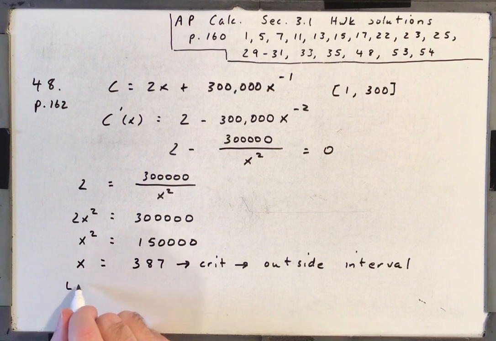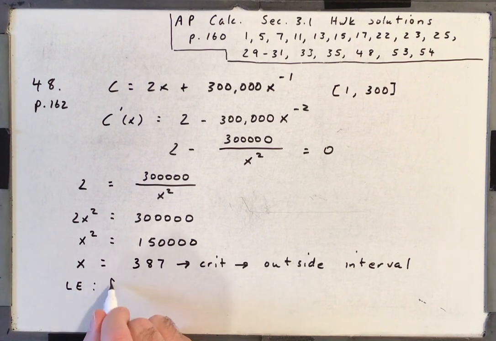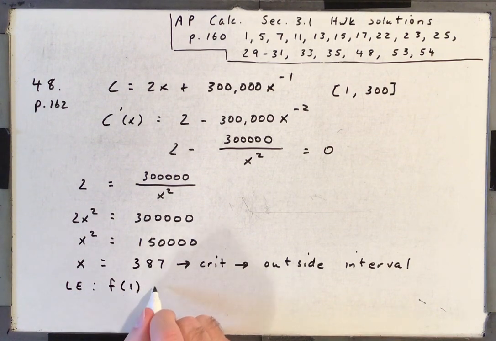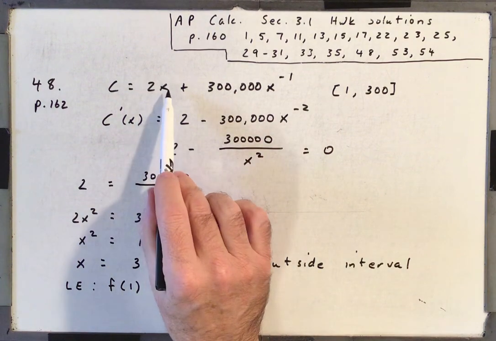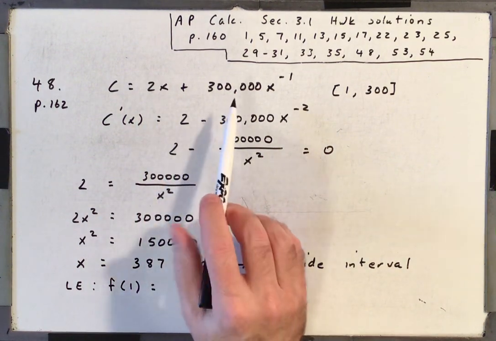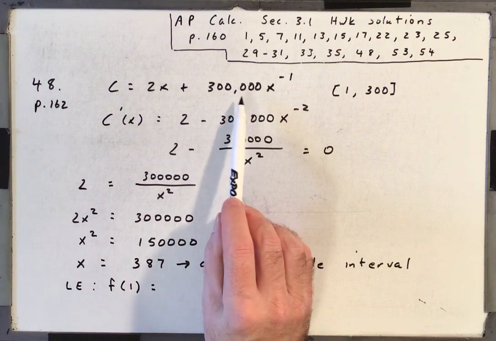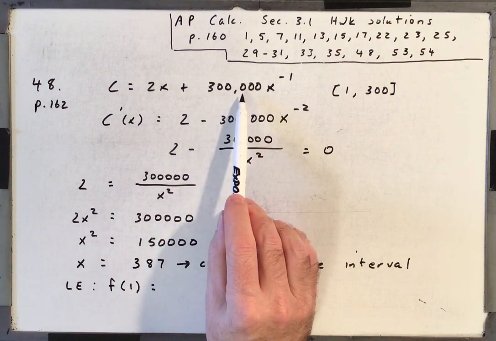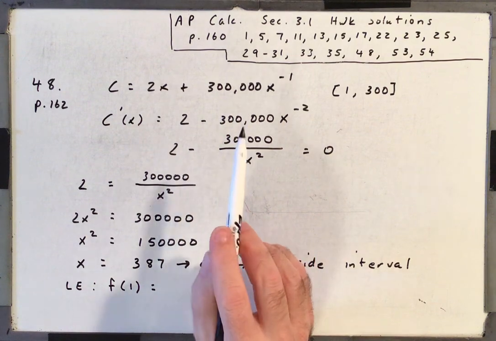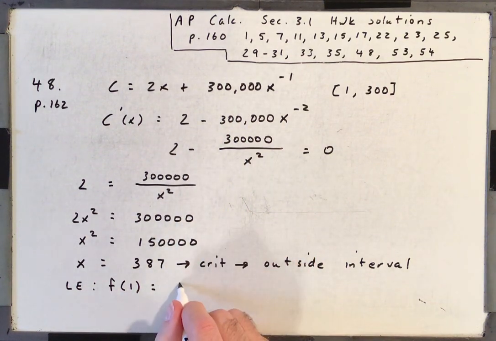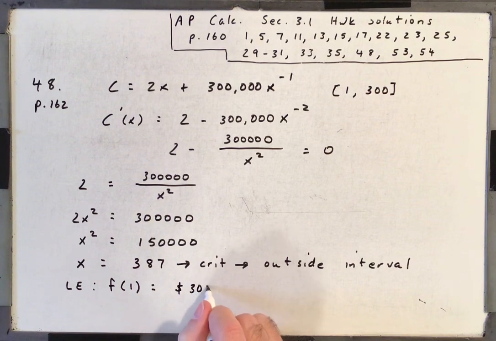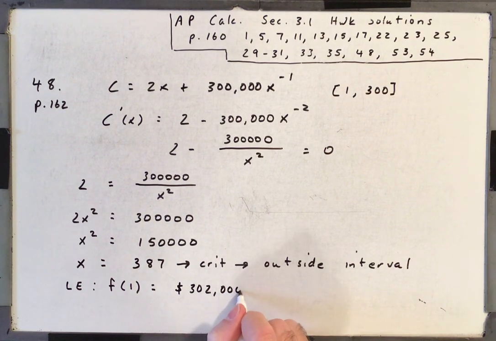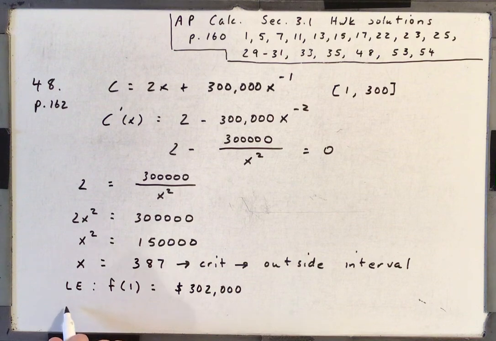So let's look at the left endpoint. That is C of 1. That's going to be 2 plus 300,000 over 1. All right, so that is 302,000. Now we're looking for a minimum, so hopefully that's not the minimum cost. Our right endpoint is C of 300.